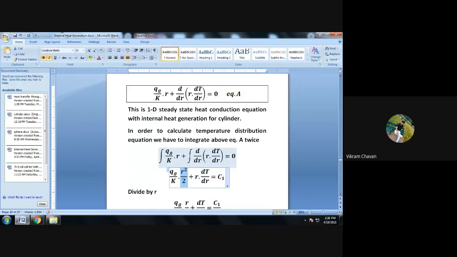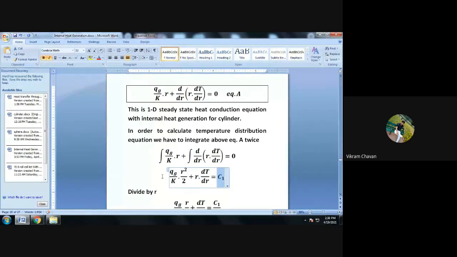Plus, one integration and one differentiation cancel, and the bracket term remains: r multiplied by dT/dr is equal to an integration constant, c1.